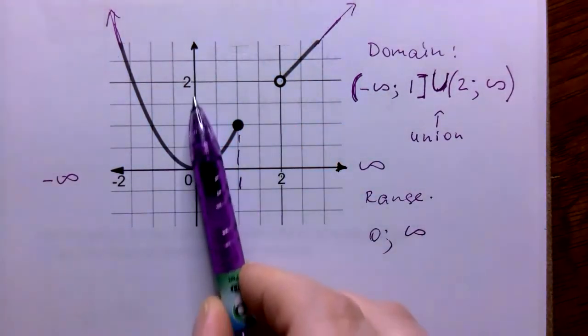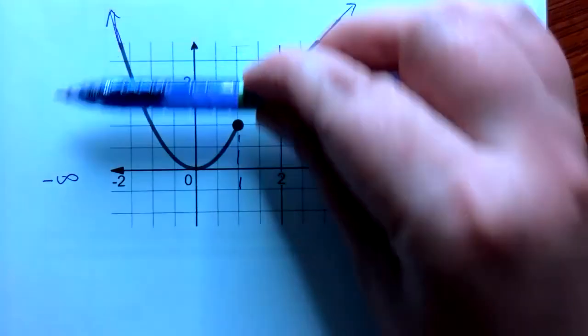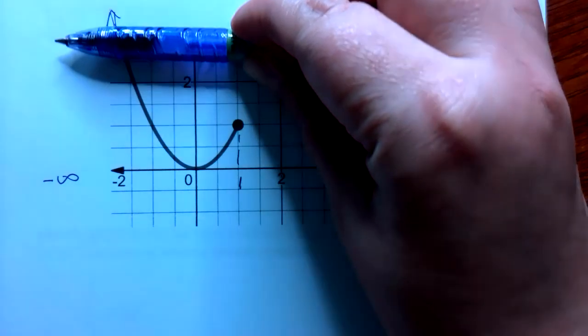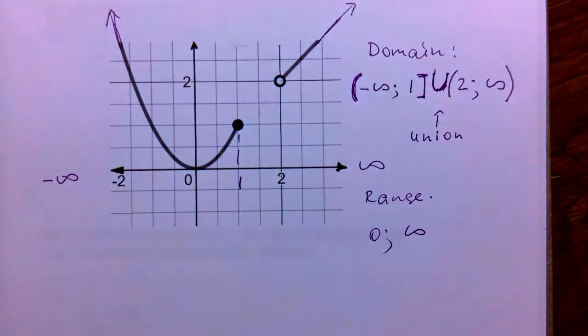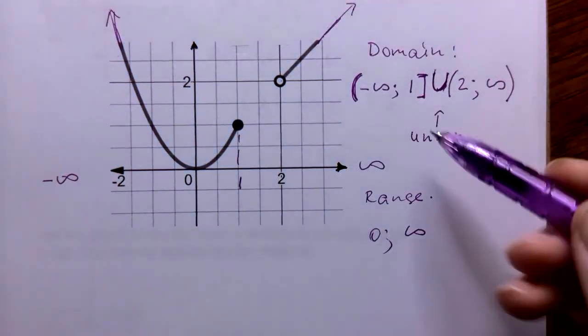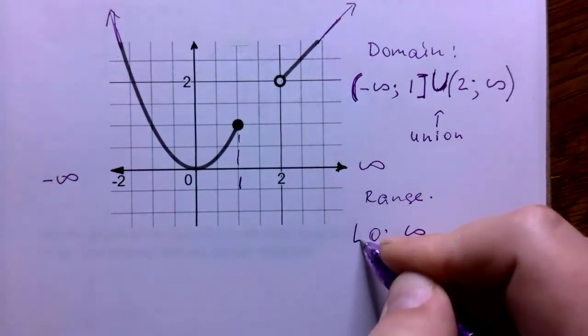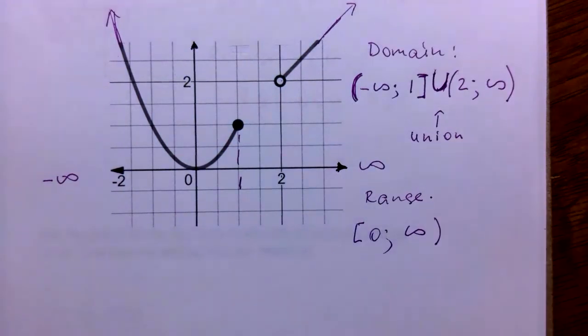But if you look vertically, if you scan like this, there is always a function somewhere when you go up on the y-axis. So that's why we do not include the gap here. So the range is from 0, including 0, to infinity. All right, I hope this helps.